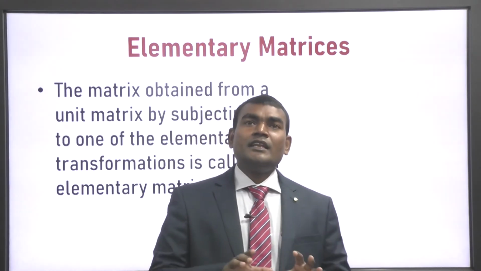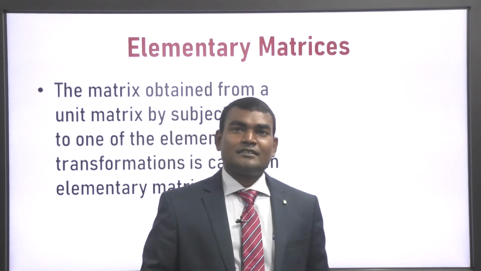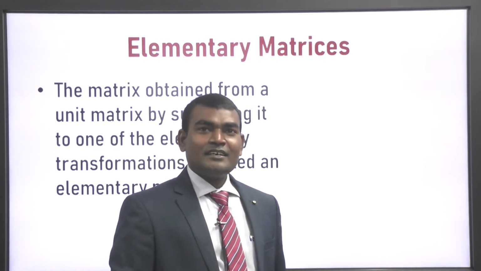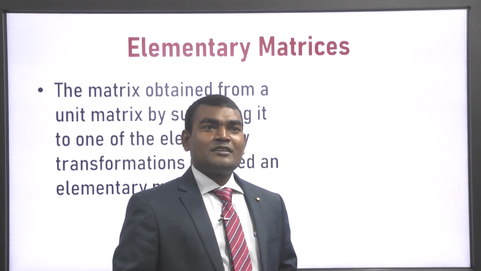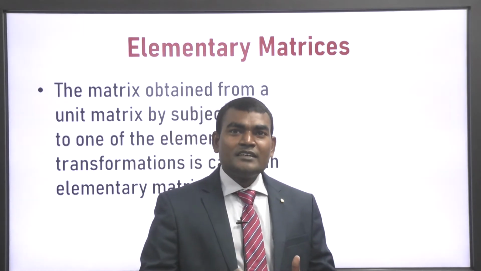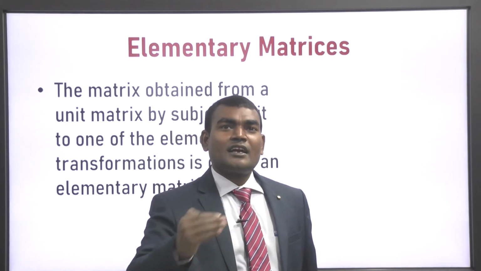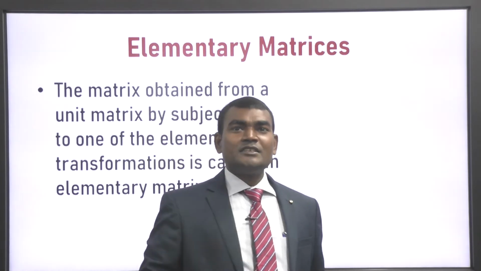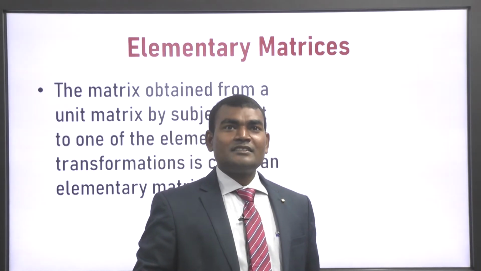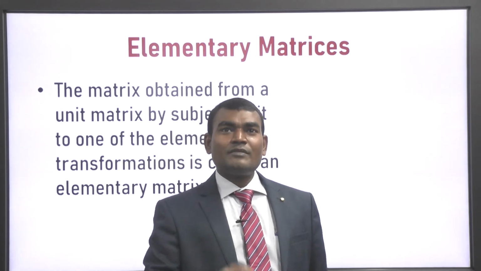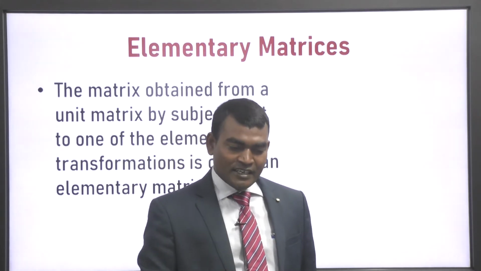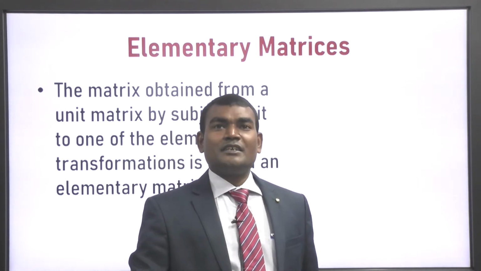Now, elementary matrices, this is the important matrix. An elementary matrix means that when we apply any elementary transformation on the identity matrix, we get an equivalent matrix of I, and that matrix is known as an elementary matrix.